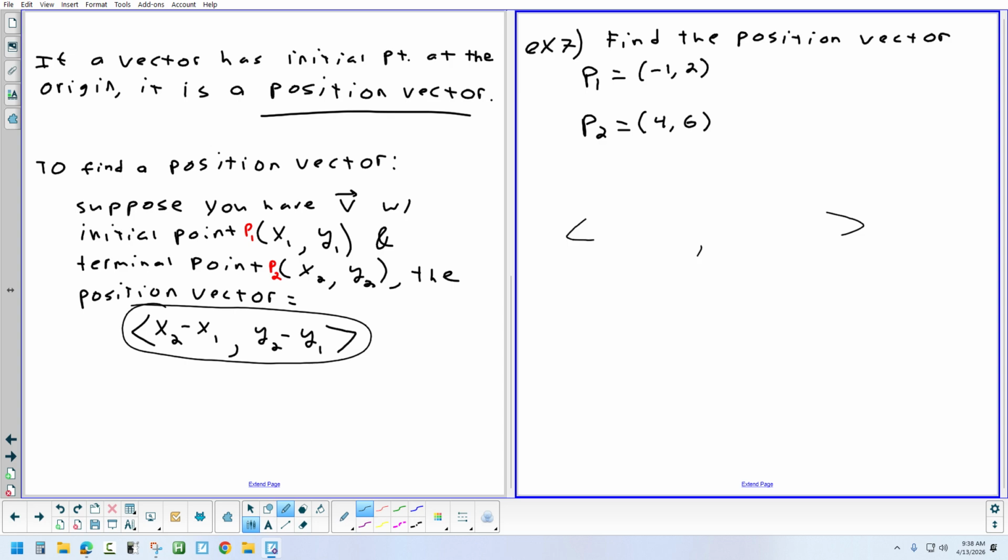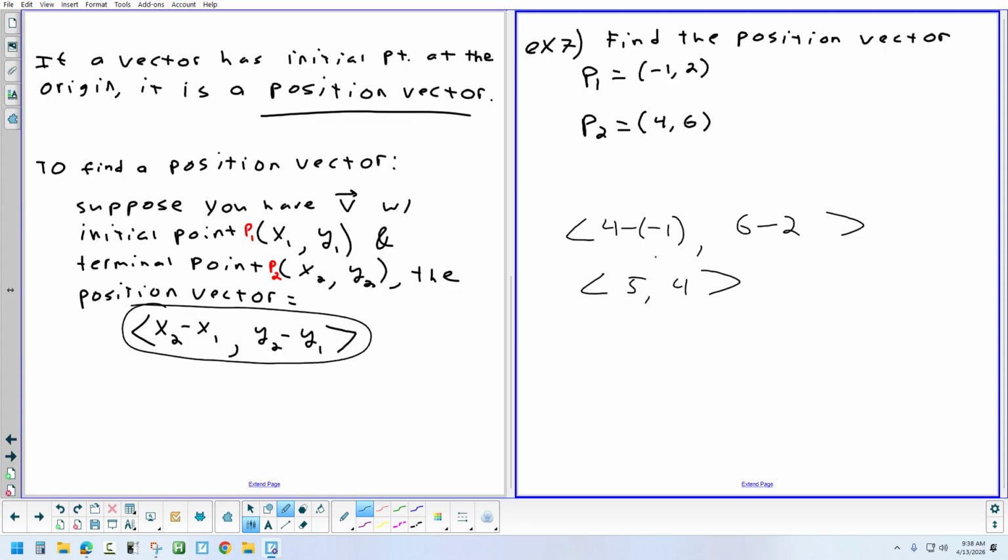Can you tell me the calculation? 4 minus negative 1. Good, which will simplify to 5. We'll do that in a second. And what's going to be the calculation for my vertical component? Yeah, 6 minus 2. So now we'll simplify it.